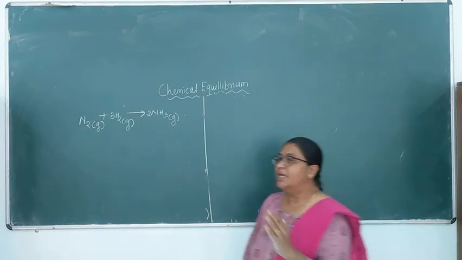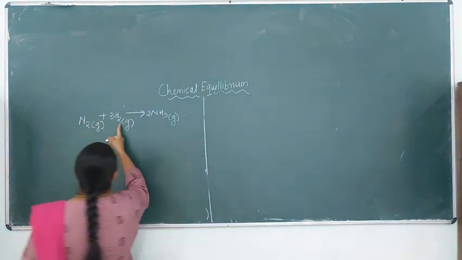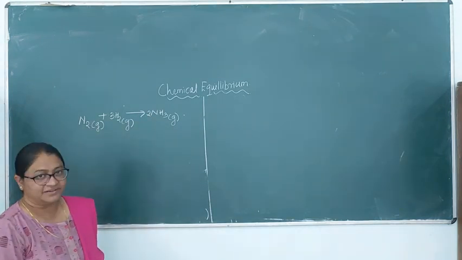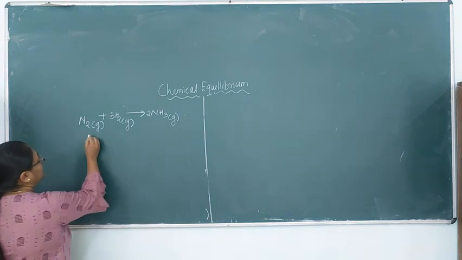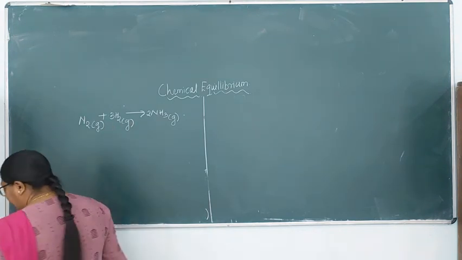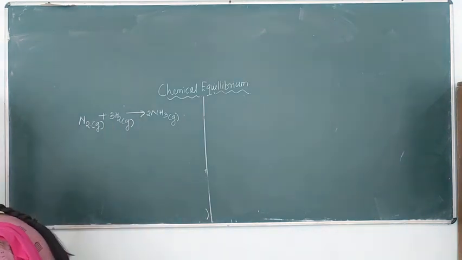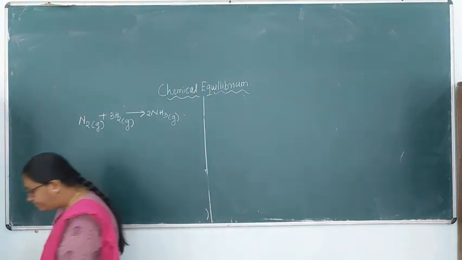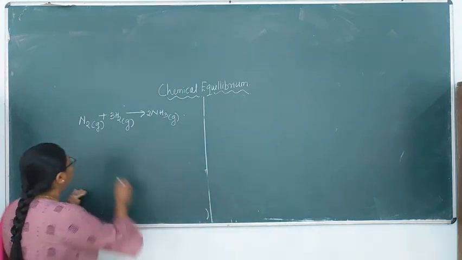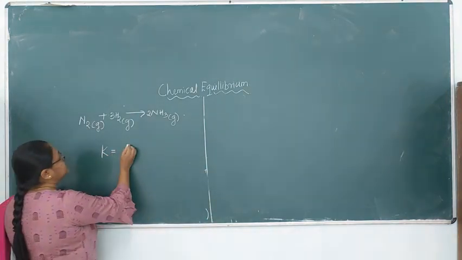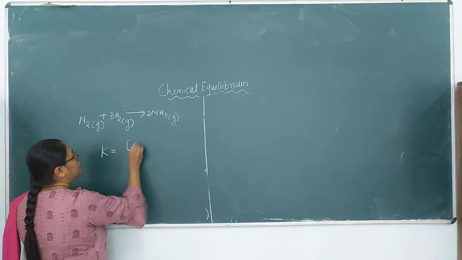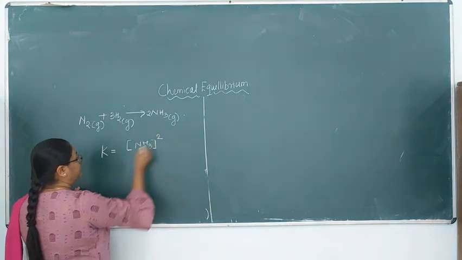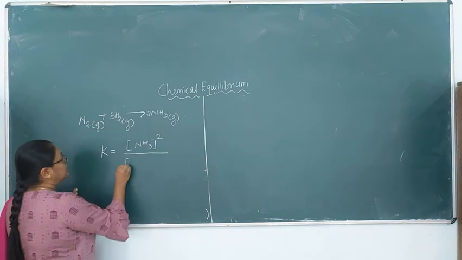Now when these are expressed in their concentrations, that means moles per liter, the equilibrium constant K we can write as, obviously, the product raised to the power, divided by the reactant.